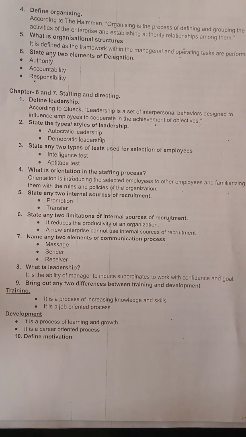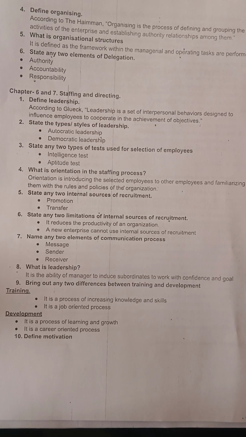Next one, define organizing. According to Haimann, organizing is the process of defining and grouping the activities of the enterprise and establishing authority relationships among them. Next one, what is organizational structure? It is defined as the framework within which managerial and operating tasks are performed.